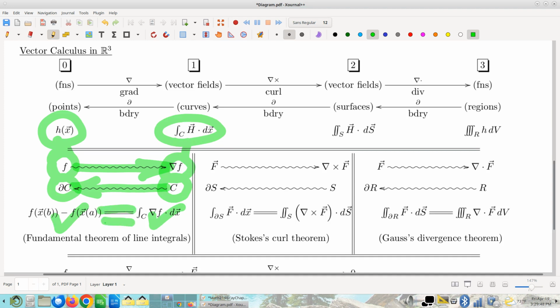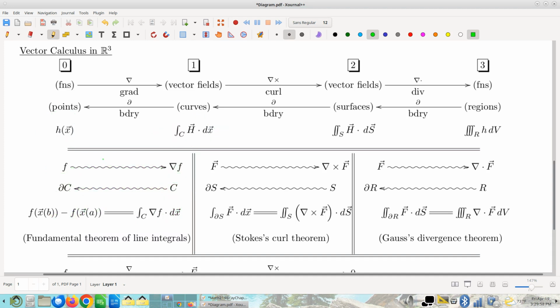And we made that observation previously, that there was this little diagrammatic representation of the fundamental theorem. I like to streamline it like so, a little bit easier to write down.